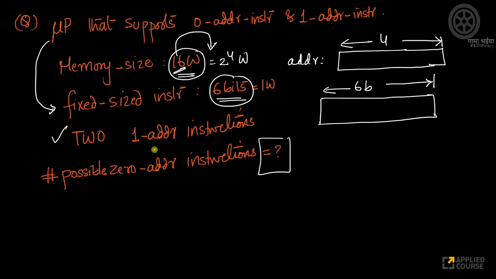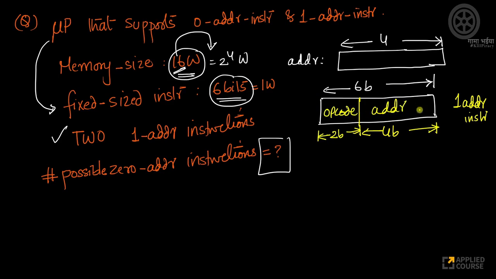I have 2 one address instructions. First, let's look at it from the perspective of one address instructions. In one address instructions, my address itself will take 4 bits, which means I have only 2 bits for my opcode. So this is my opcode and this is my operand address.